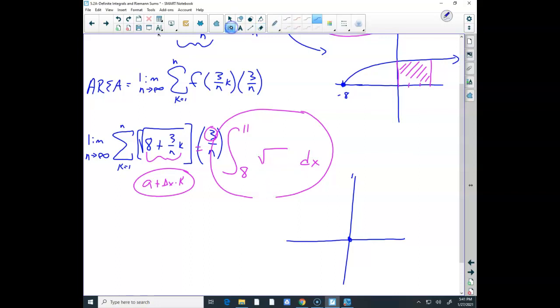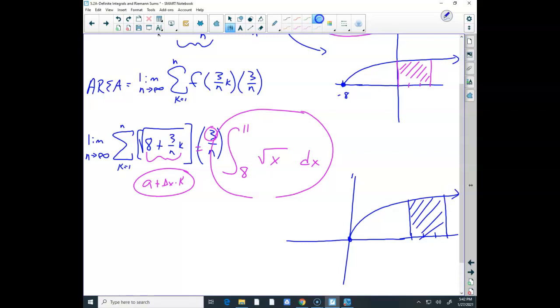So if I did this one, that one goes there, right? And now I'm down here from 8 to 11. Because my scale is off so bad, all it is is a horizontal shift. It's a transformation. Okay? So this is going to allow me to write my integral in numerous different ways.